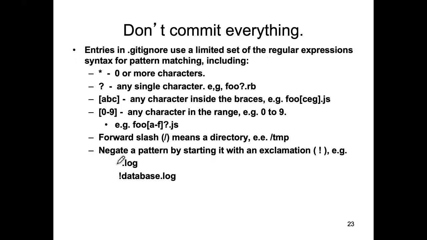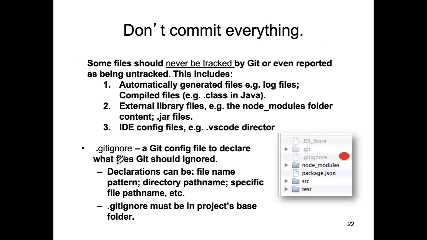Then, where I finished off the last day, we said you don't commit everything to a repository. Any files that are generated by a tool or by the operating system should never be included, because they're auto-generated. They're not manually created.